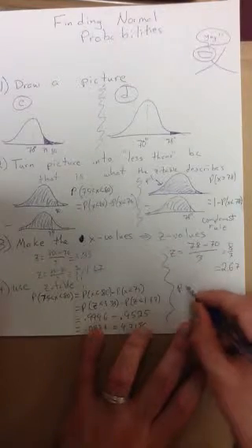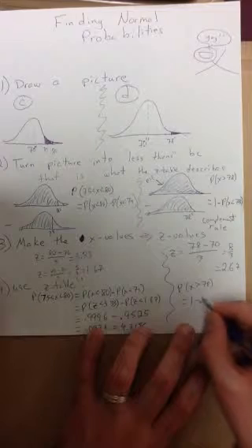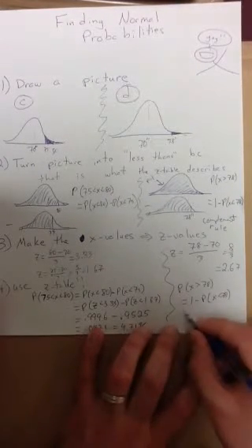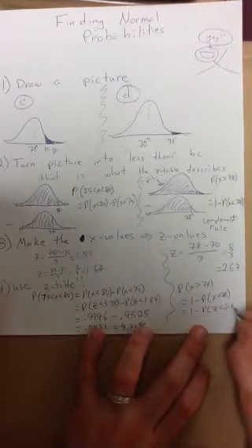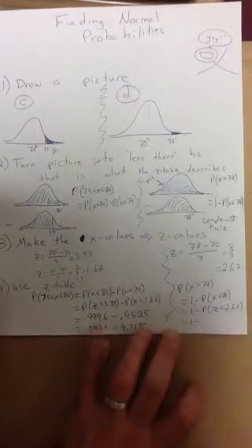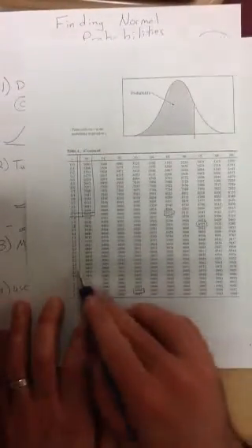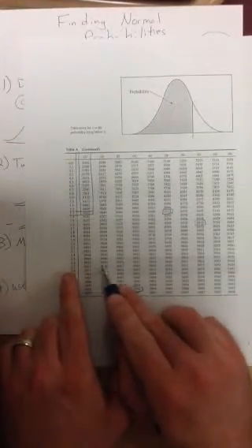For this problem, let's take a look. That is the probability that x is greater than 78. That equals 1 minus the probability that x is less than 78. That's 1 minus the probability that z is less than 2.67, which is 1 minus, then go to the z table, look for 2.67. Let's see, I think I lost my spot.